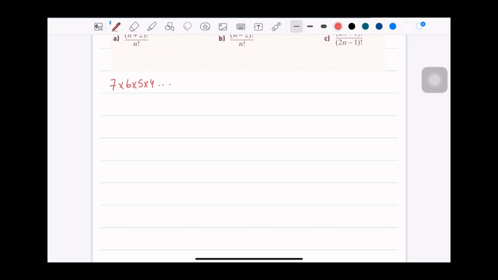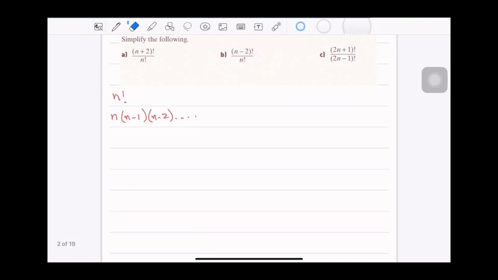So if I say the first one is n, then n factorial is n times n minus 1 times n minus 2 and so on. It never ends. The same way, if we have a question like n plus 2 factorial over n factorial, how would you approach it?